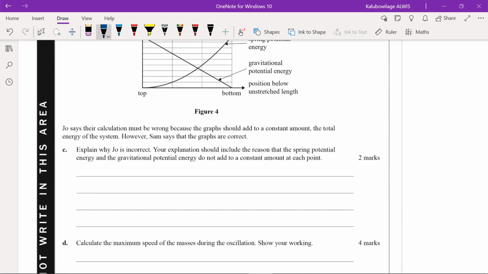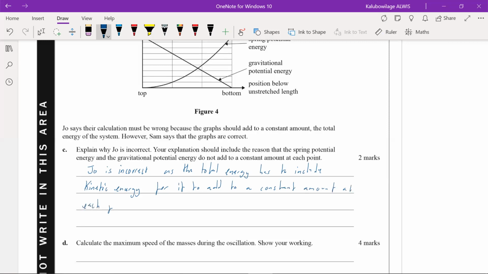Joe is incorrect because the total energy has to include kinetic energy, and the total energy has to add to a constant amount at any point.